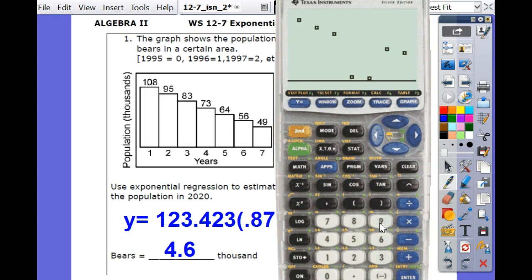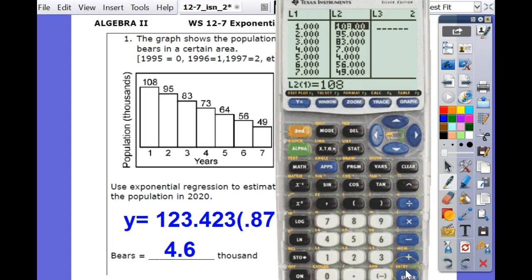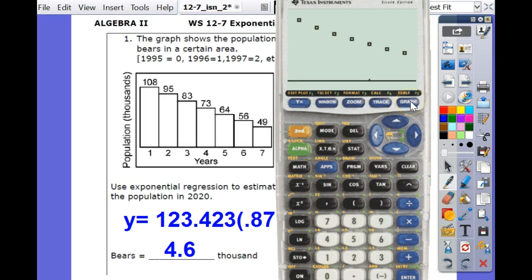Now, I noticed on these problems, that wasn't what I was expecting to see. And so if I trace this, did I type that point in correctly? By tracing it, and also by just looking at the graph, it doesn't look very good. And so I can catch a mistake by looking at the graph before I try calculating the equation.